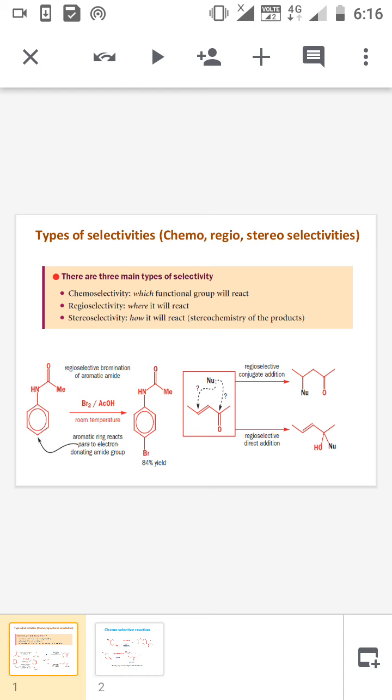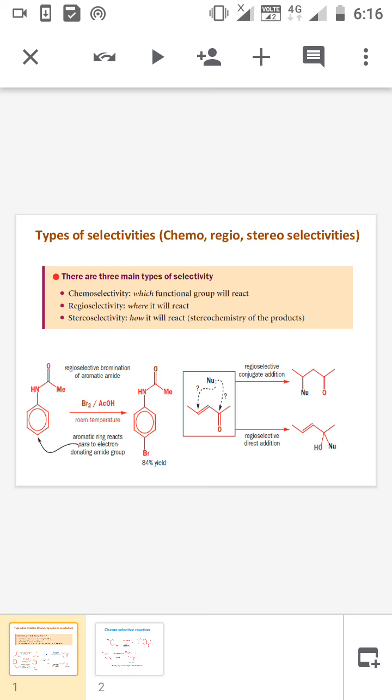So we'll get both products, dextro and levorotatory. Sometimes it may be in equal proportion, so we'll get a racemic mixture, or we will get 60:40 or 70:30 ratios. So this type of reaction is known as a stereoselective reaction.